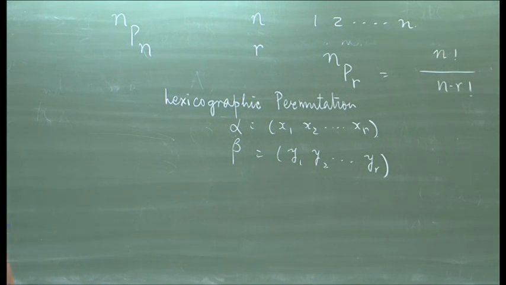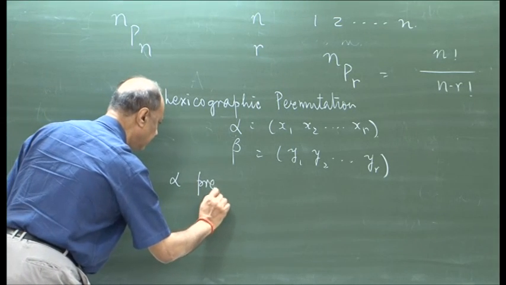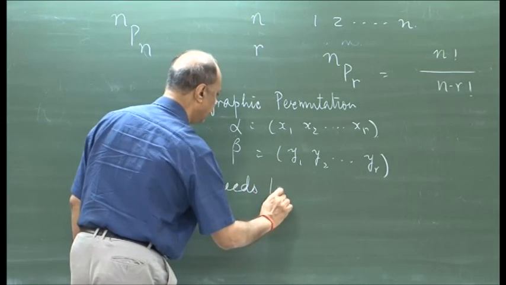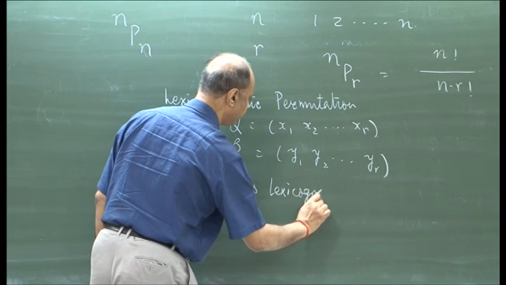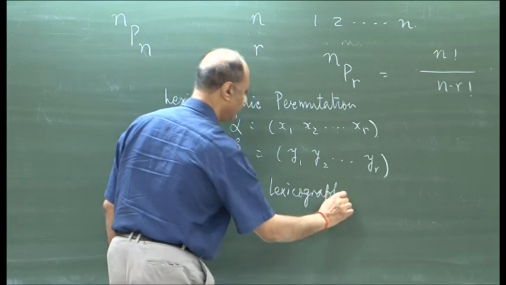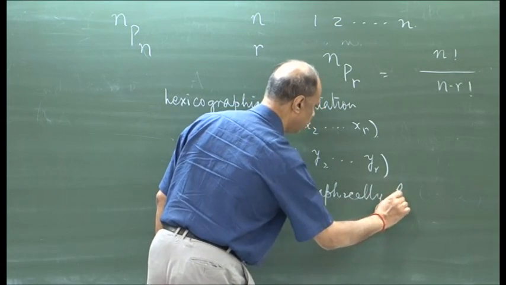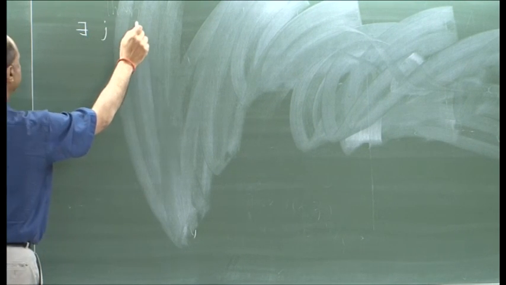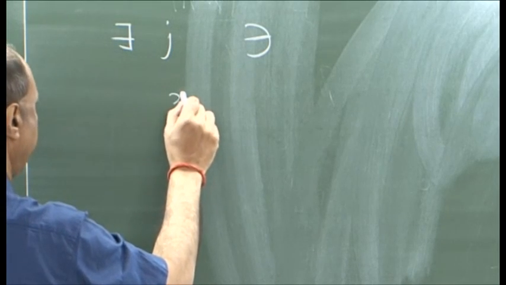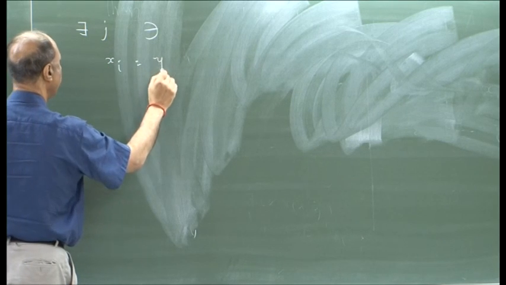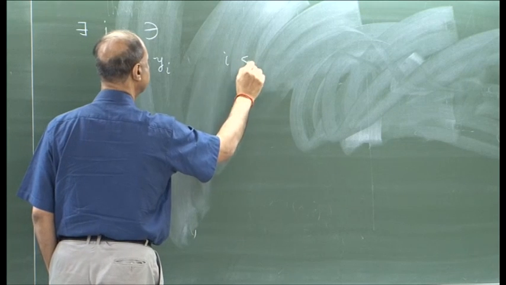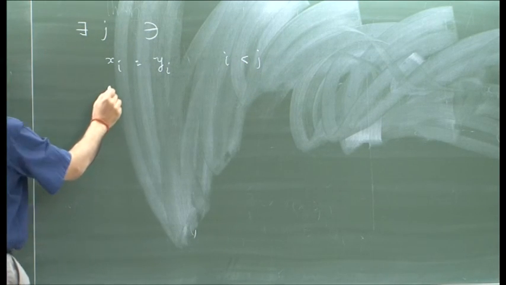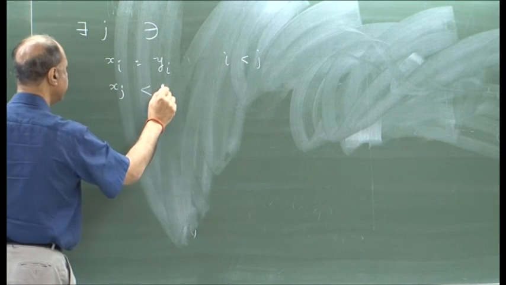Then we tell alpha precedes beta lexicographically if there exists a j such that xi equals yi for i less than j, and xj is less than yj.